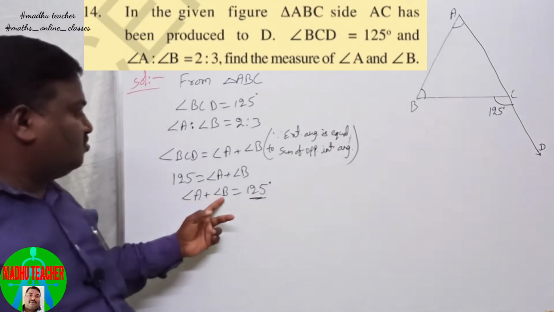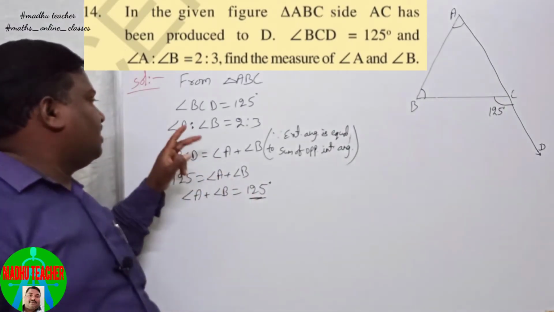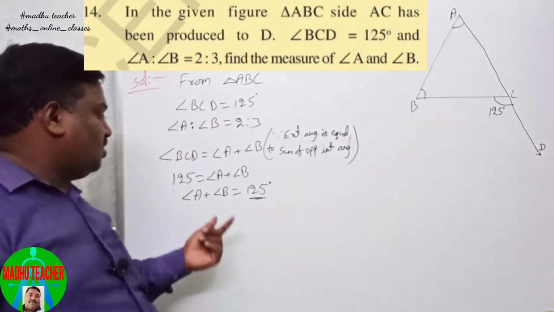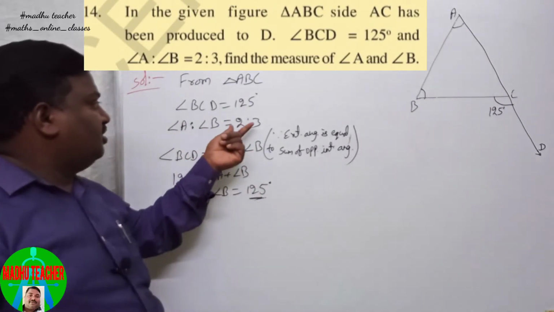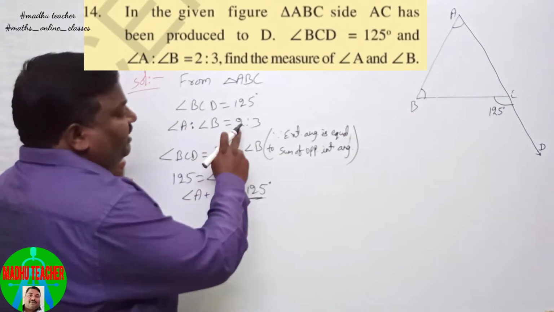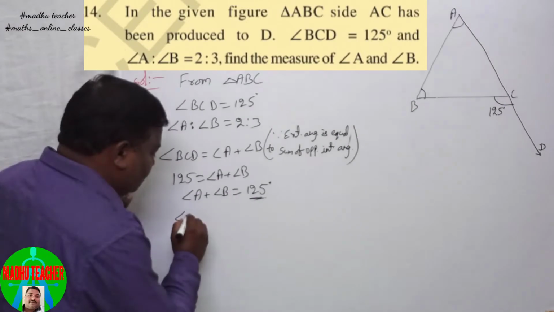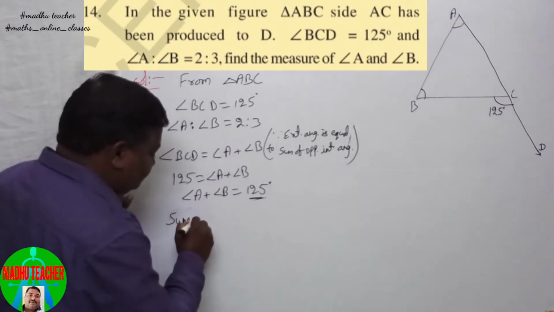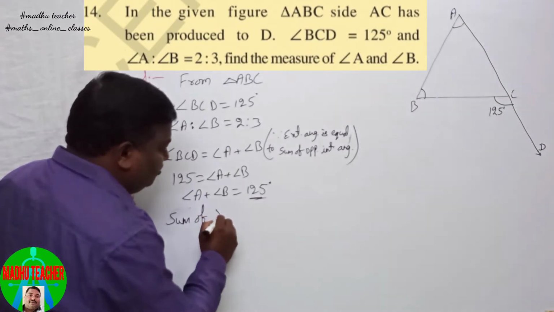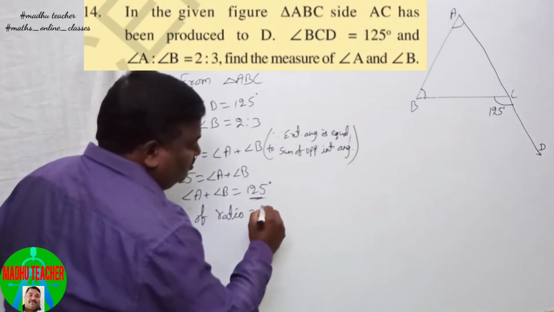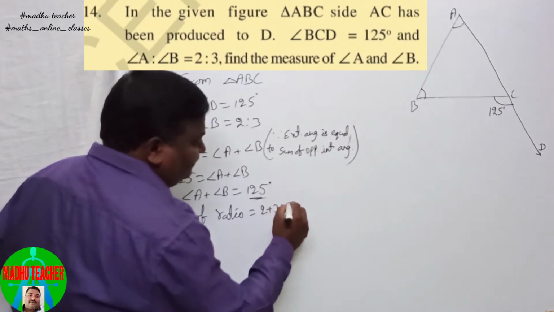So the sum of these two angles is 125 and the ratio of the two angles is 2 is to 3. You have to divide this sum in this ratio. To divide in the ratio, first of all you have to find the sum of the ratio, which equals 2 plus 3, that is 5.